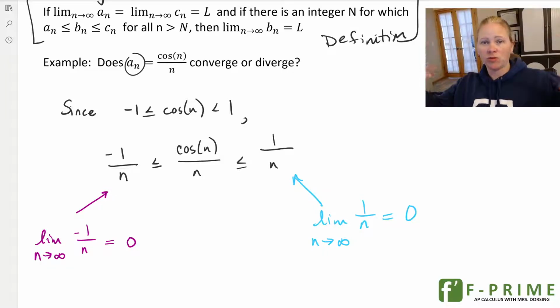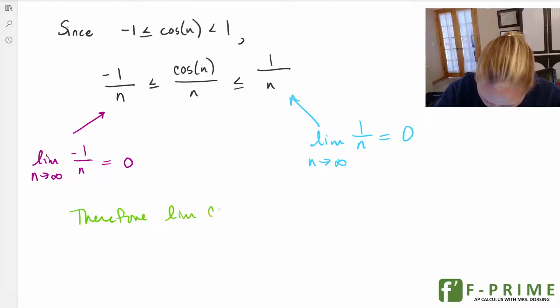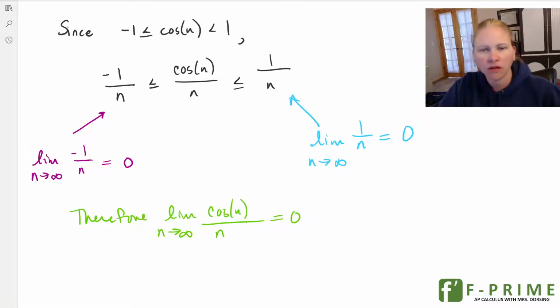Because I'm sandwiched between them, and their limits are the same, they must also force my function, which must stay between them, to go to 0. Therefore, the limit of cosine of n over n as n approaches infinity is also 0.